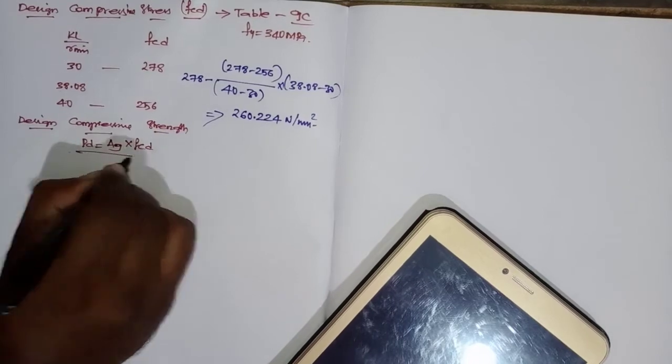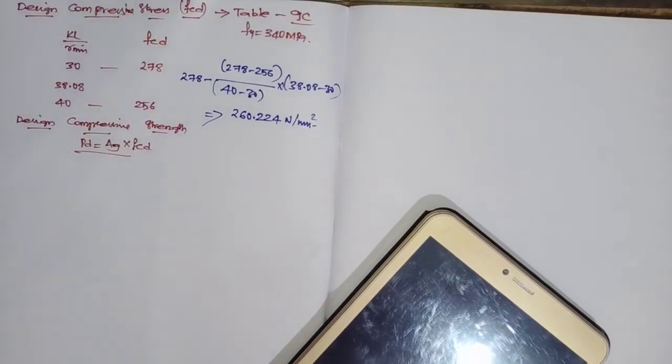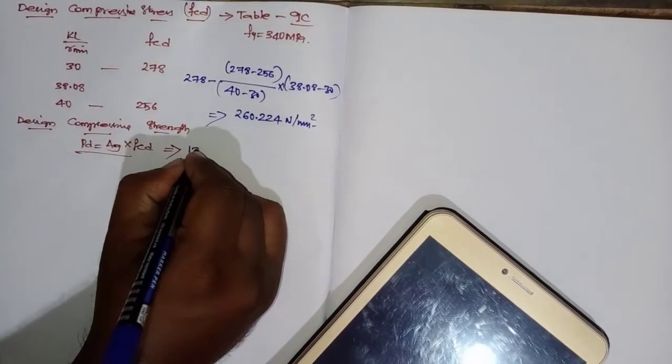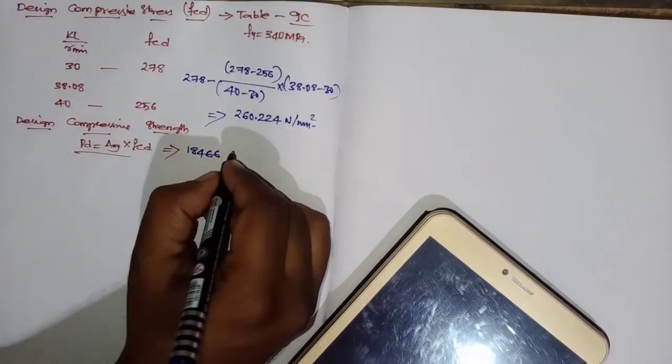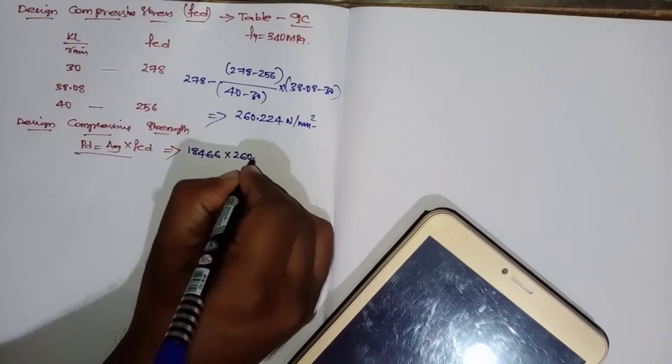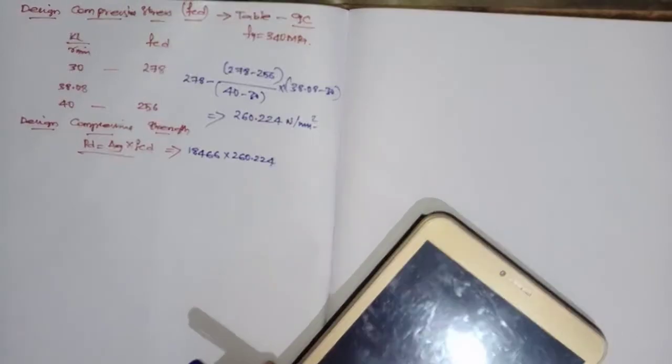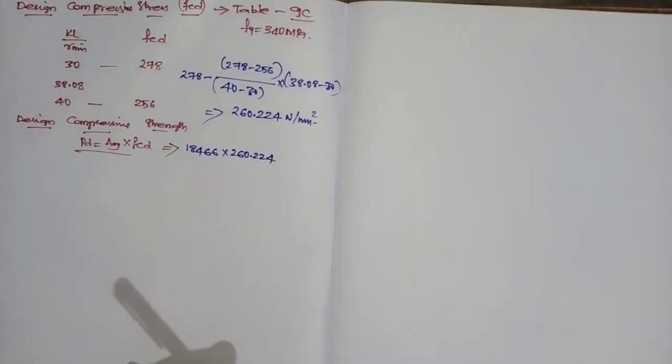Why I have written AG means gross area of a built up section. So how much is it? AG, just now we have calculated 18466, into 260.224, right?